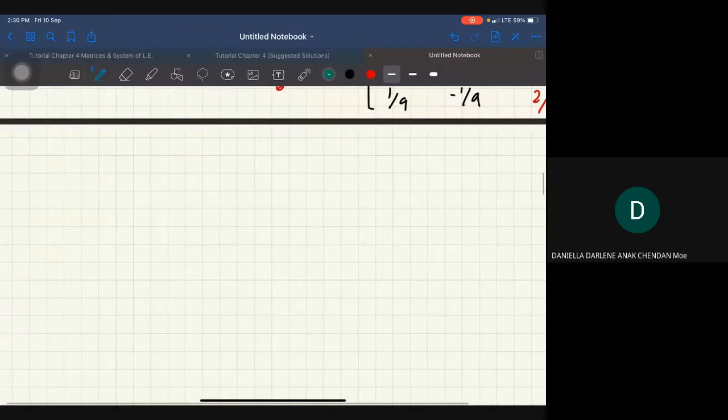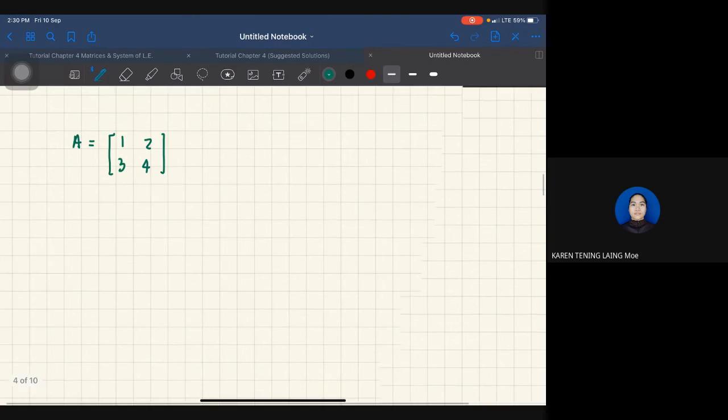There is an easy way to find the inverse matrix for a 2x2 matrix, and the method is actually the same. So we have A inverse equals 1 over determinant of A times adjoint of A.